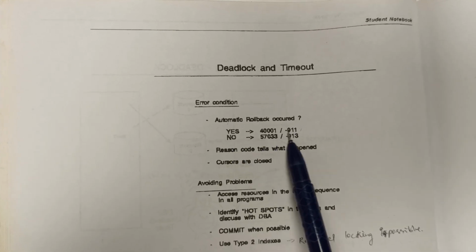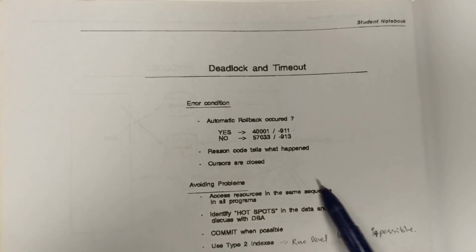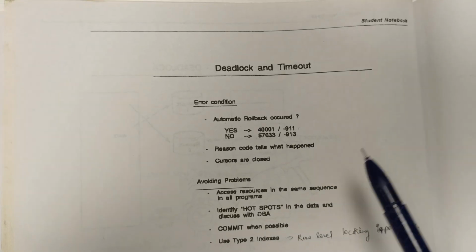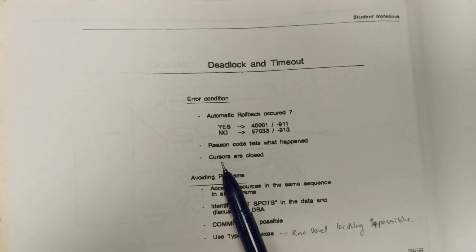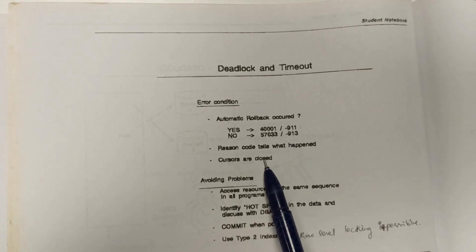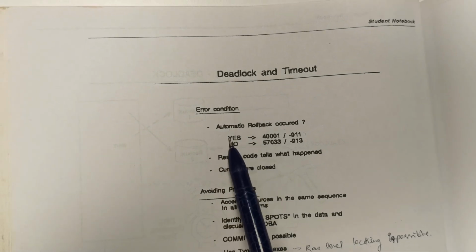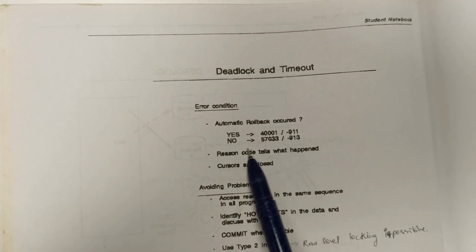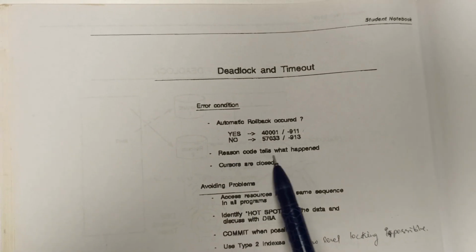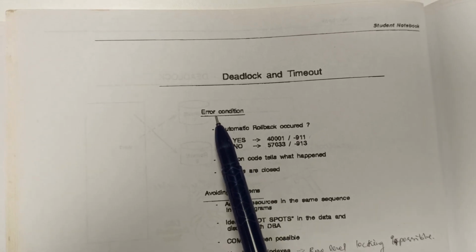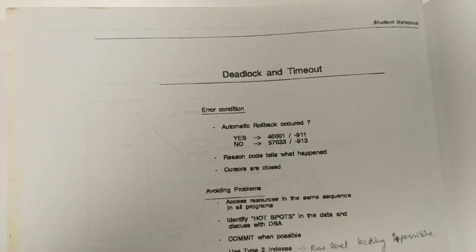If the program does not handle the automatic rollback condition, then you will get a -913 error. The reason code tells what happened, and the cursor is automatically closed whenever you get any error condition.